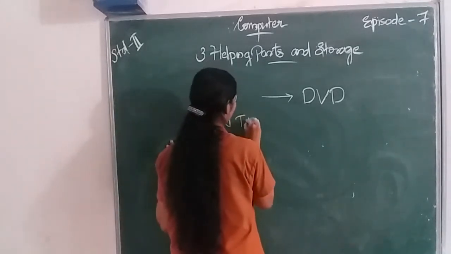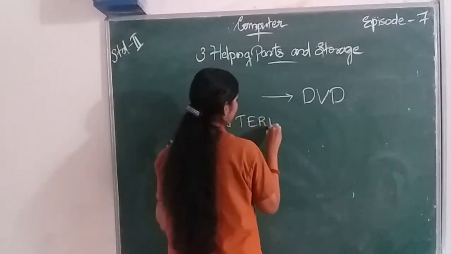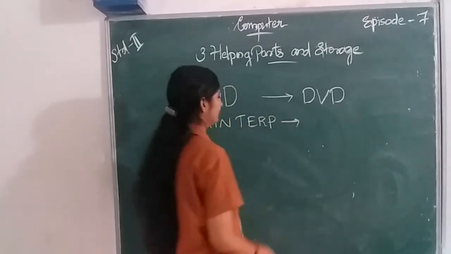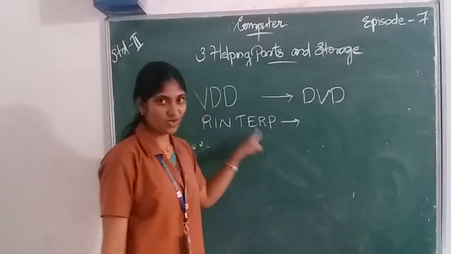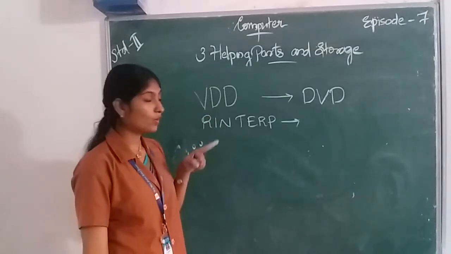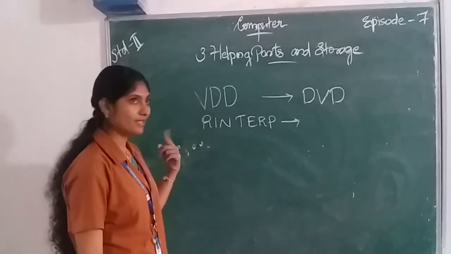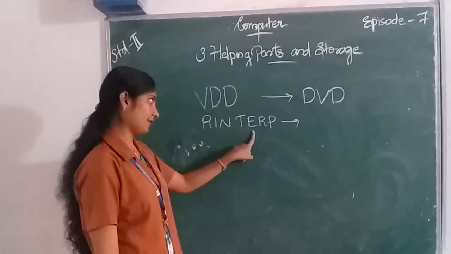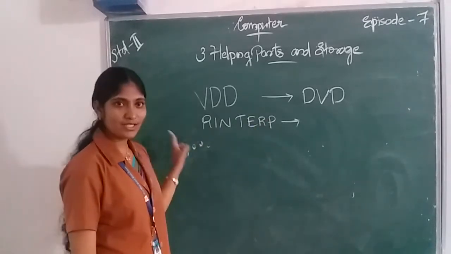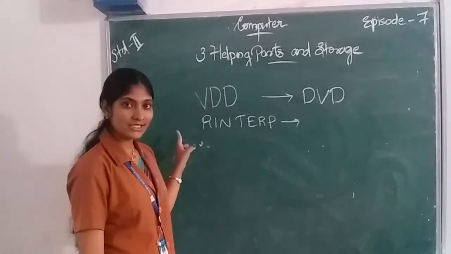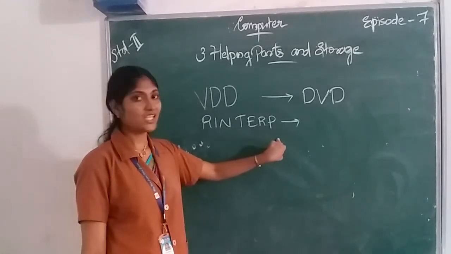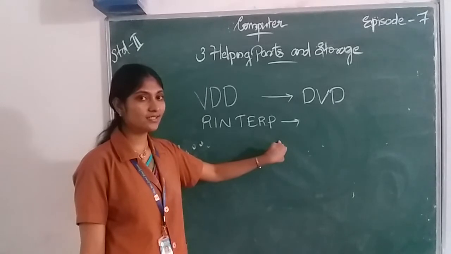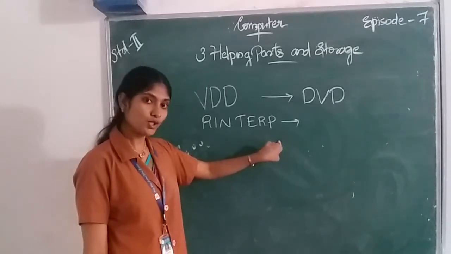Then second one, RINTERT. So this is the incorrect word. So you have to correct it. So can we rearrange it? First, can you identify what the word is? The word starts with P and it is used to print data onto paper.